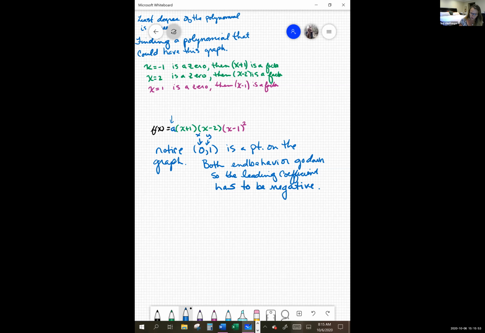So y is 1, so we're going to put in 1 here. 1 is equal to a, which we're trying to find, all times, well, x is 0, so 0 plus 1, 0 minus 2, and 0 minus 1 squared.